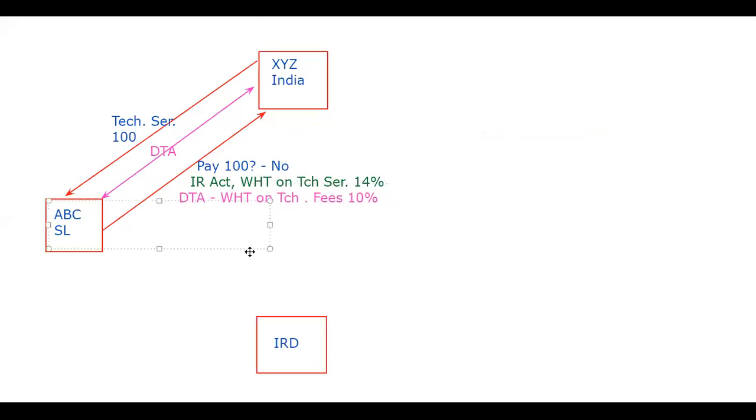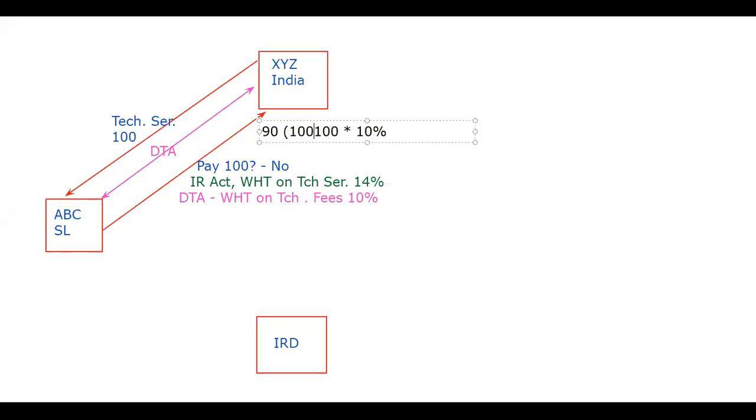Then we are going to pay to India only what amount? Only 90. Then the balance is 10. How 90? 90 is basically 100 minus 10%, after deducting.